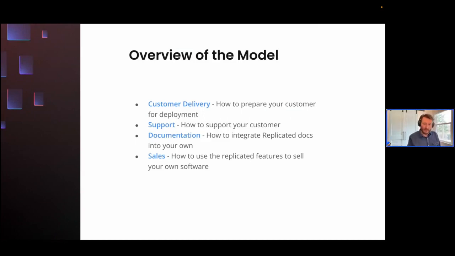We also have decisions around support and how that should architect into your own support organization. Documentation: how should you integrate replicated docs, because this is going to be a key part of your application's operation. So you need to include them so your customer knows how to operate those features as well.